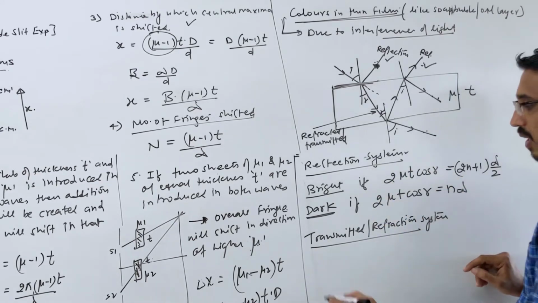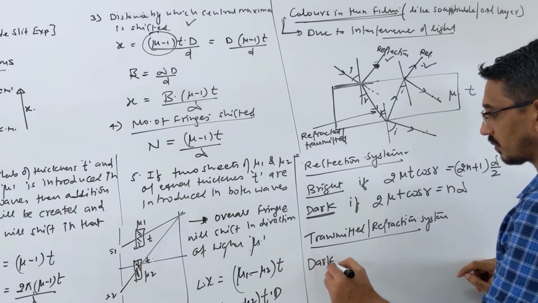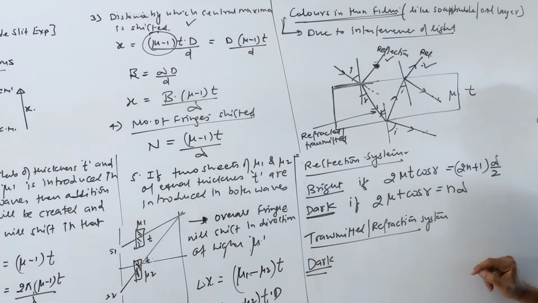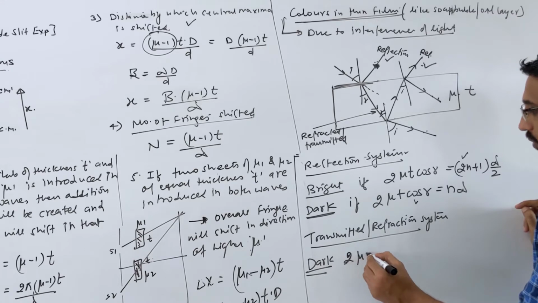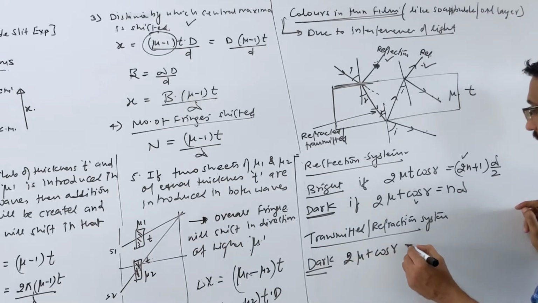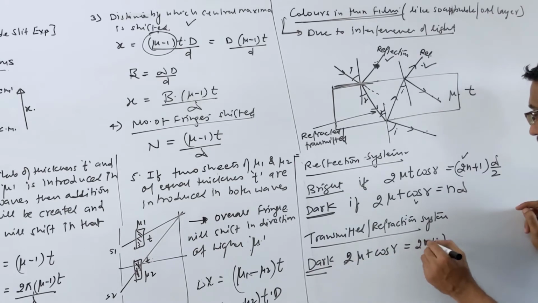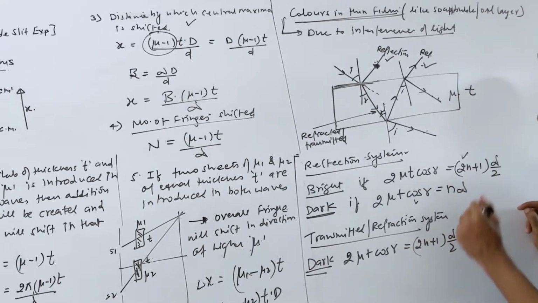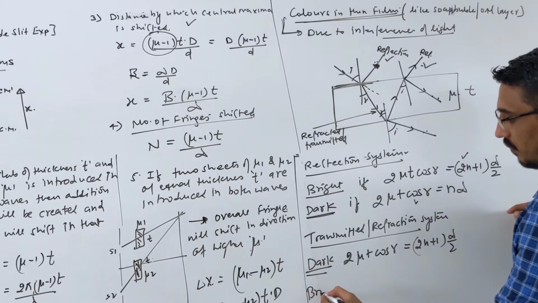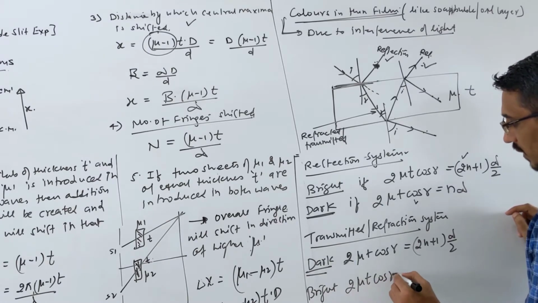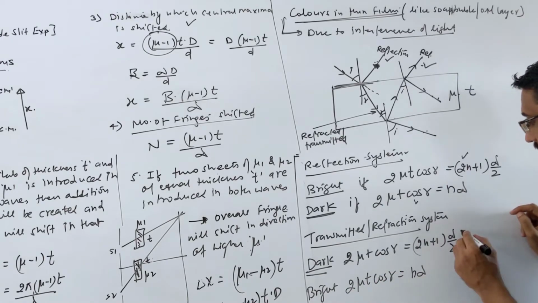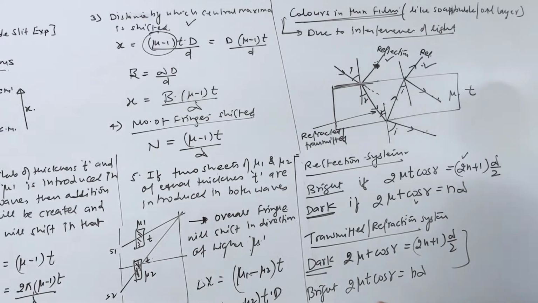For a dark fringe, 2 mu t cos r is equal to (2n plus 1) lambda by 2, just opposite to this. And for a bright fringe, 2 mu t cos r is equal to n lambda. That's all, so this much you should remember.